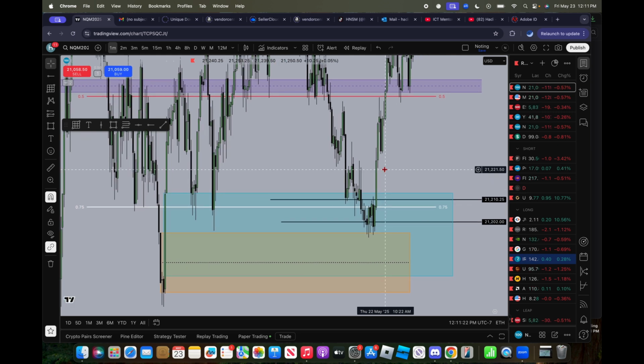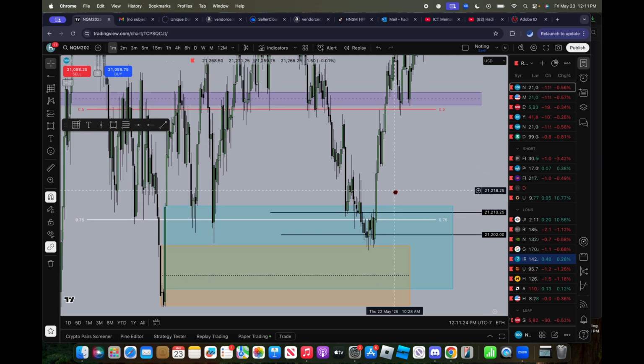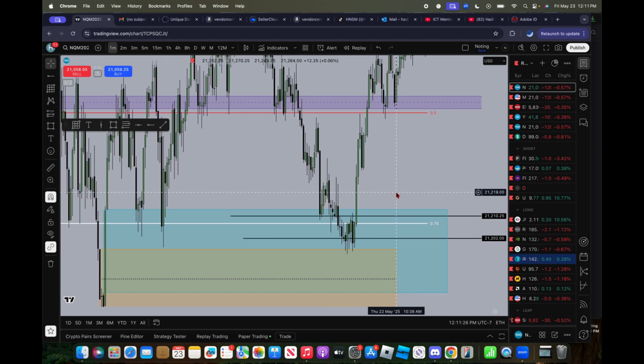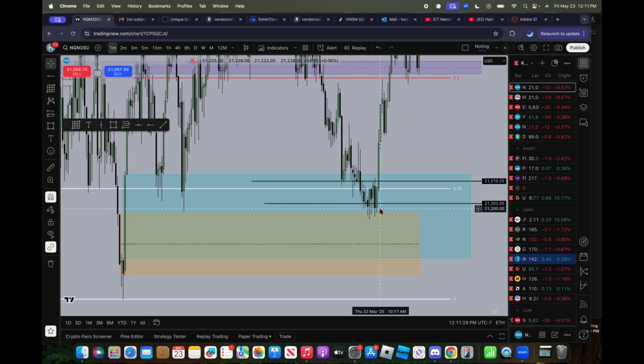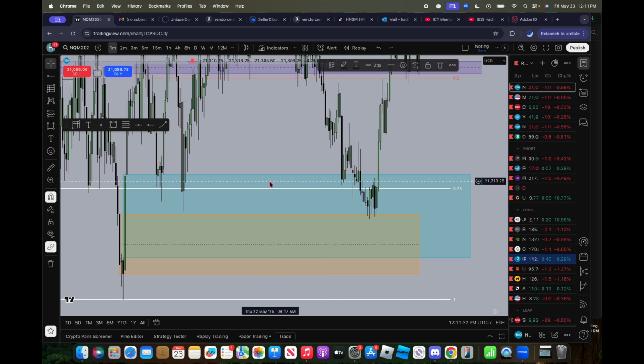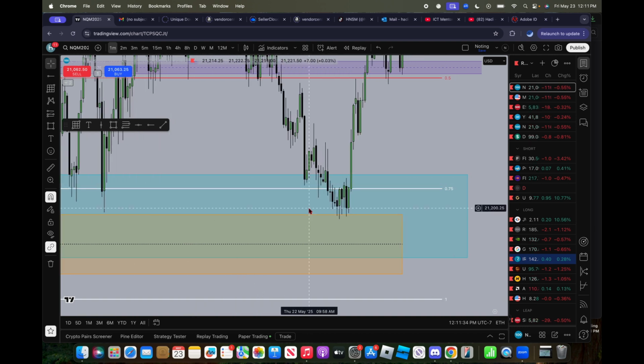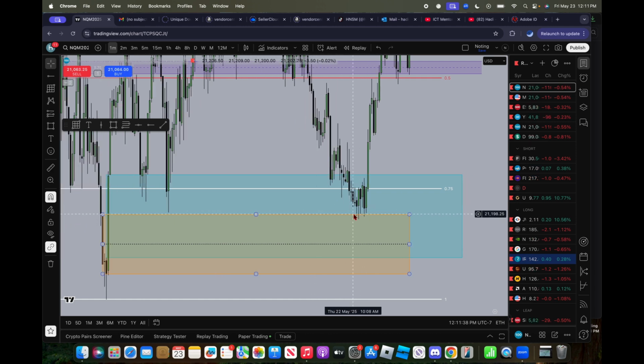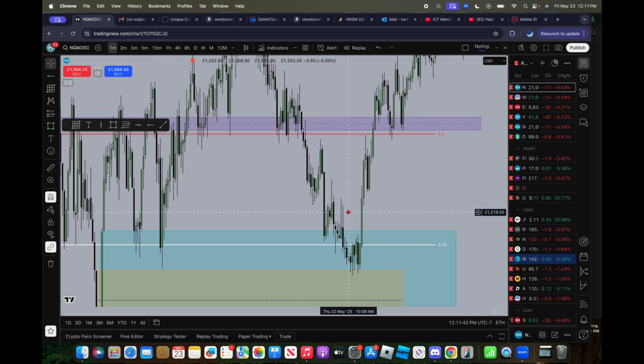Just because of the conditions we were in, it was better to just not trade. But the fact that I saw all these signatures, and we were in a deep discount, I was willing to take a long, and if I took the stop, I was okay with it because it was just higher risk.